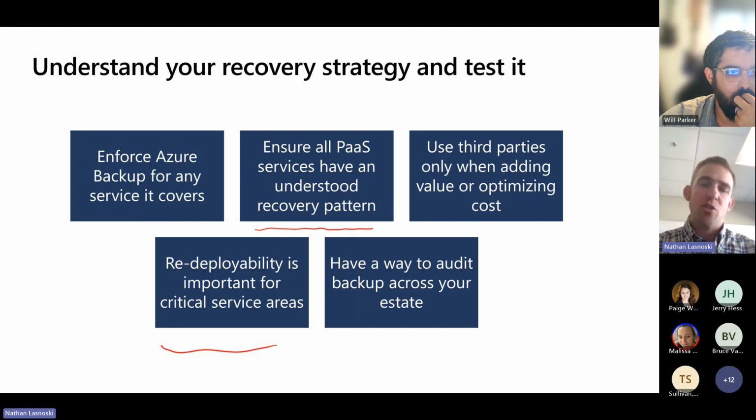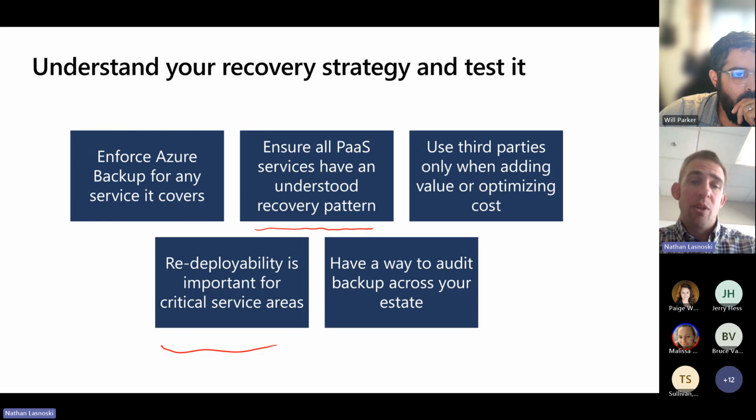In addition to the ability to recover the actual data itself, there's the ability to redeploy the container environment, the PaaS services, the AI services that are being deployed through code rather than something you had to click, click, click to deploy. So it's really important that you know how to get those back, because if you don't, sometimes it can take a really long time, or you're rebuilding it from scratch if you haven't built a pattern to do that effectively.